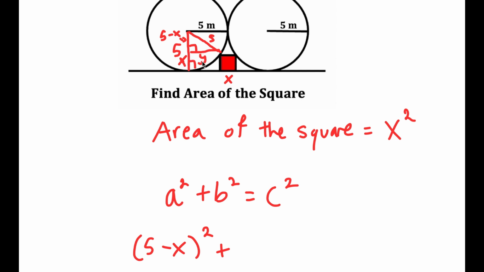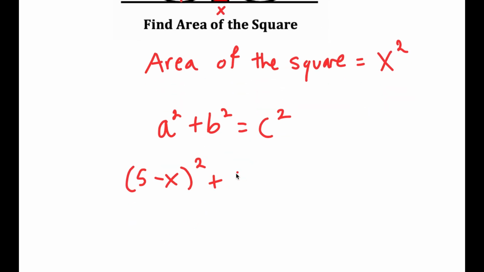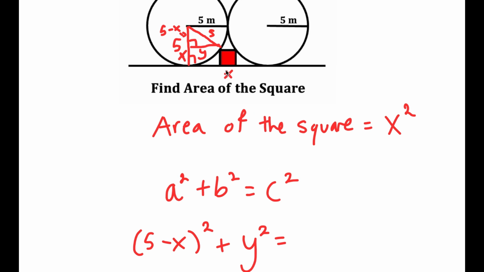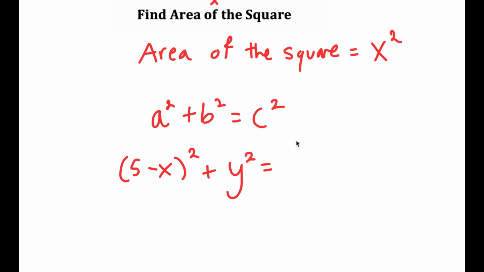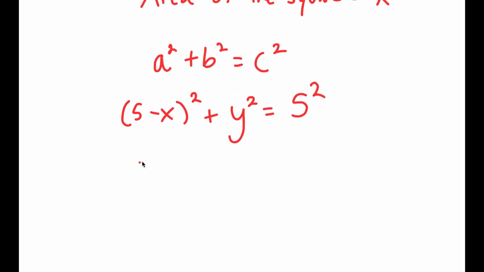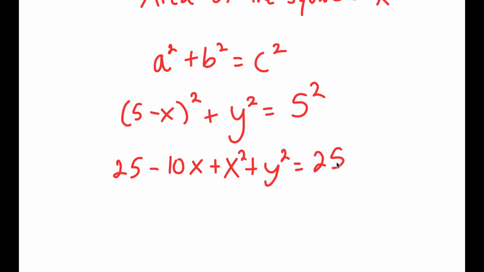And we want to find the value of y because we don't know what it is. So b is going to be y squared. And this is all equal to, we already know what the hypotenuse is, it's 5. So 5 squared. So now I get 25 minus 10x plus x squared plus y squared is equal to 25.